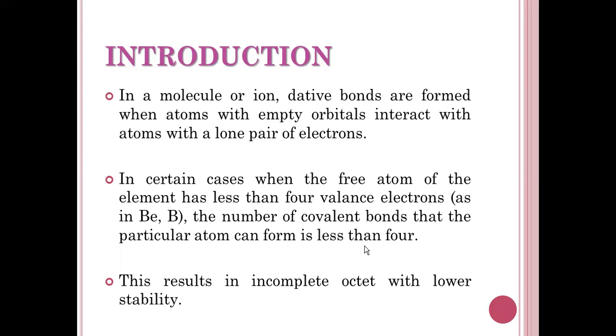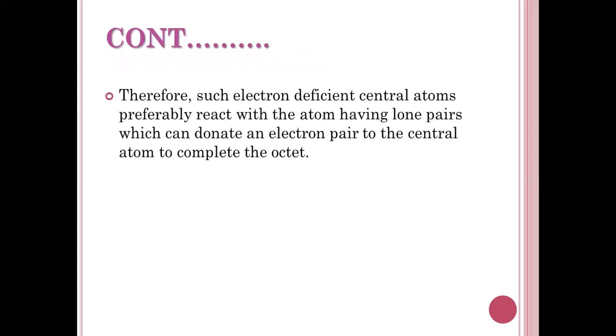In some cases it is exceeded or decreased, okay, but the minimum requirement is the octet rule. Therefore, such an electron deficient central atom, making fewer than 4 bonds, is unable to make 8 electrons. That means they are unable to achieve the octet rule.